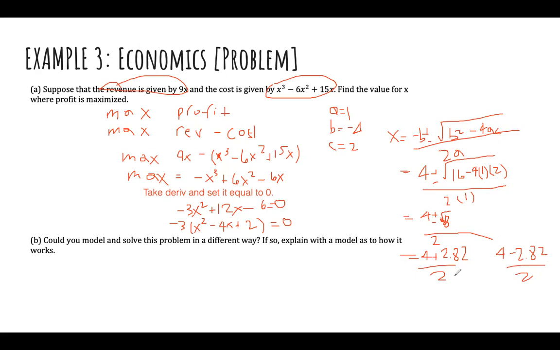And when we do that, we have 6.82 over 2, or 1.18 over 2.